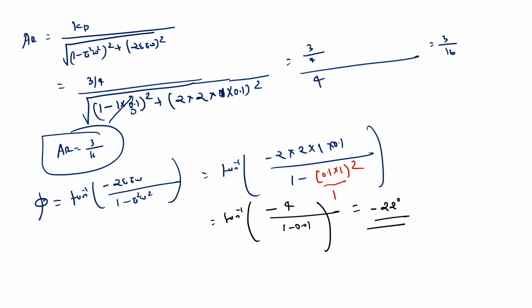And also for the amplitude ratio, again, I think I have made some mistake over here. So that is 0.1 into 1, so that is 0.4 whole square, right? And that is 0.1, 1 minus 0.1. So please do the calculation and tell me the correct answer.